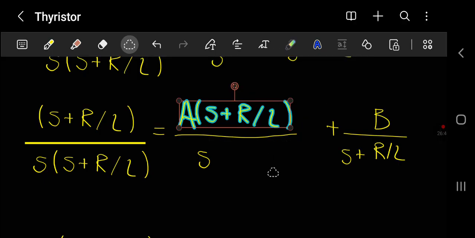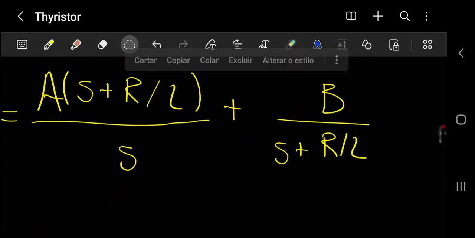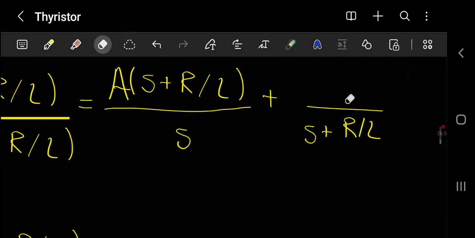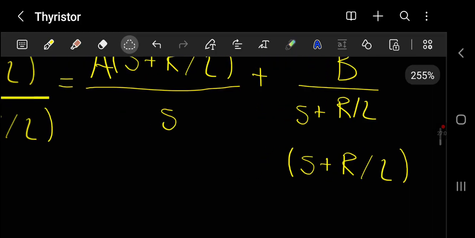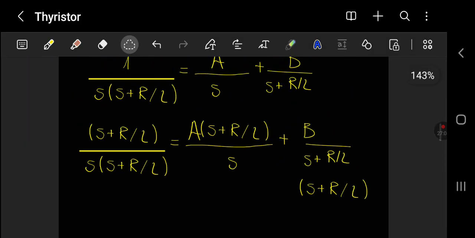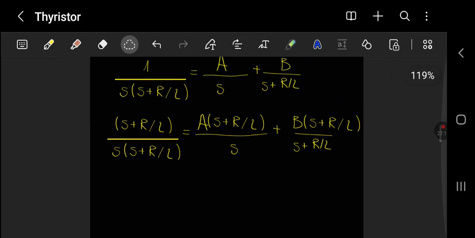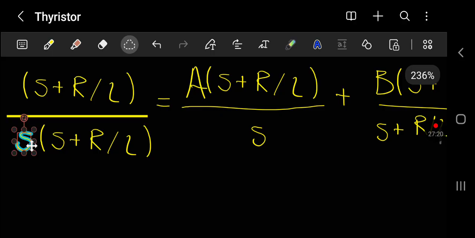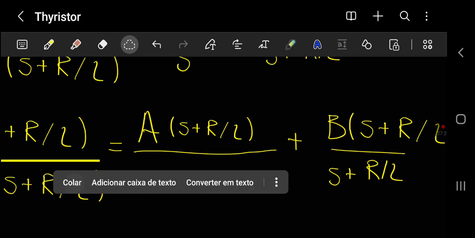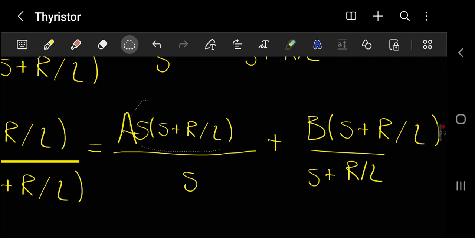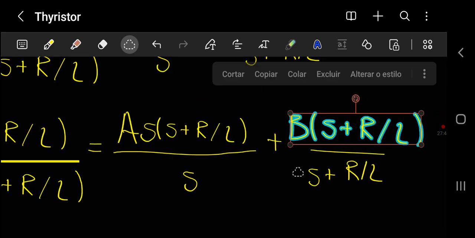And then afterwards we can expand this. Let's see, I'm missing this S. Same right here.